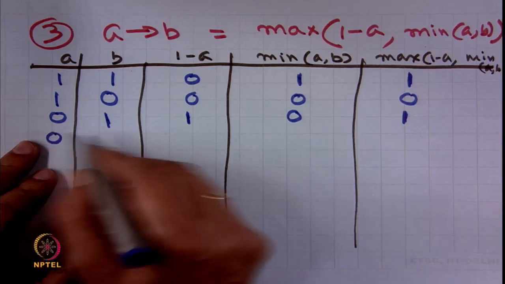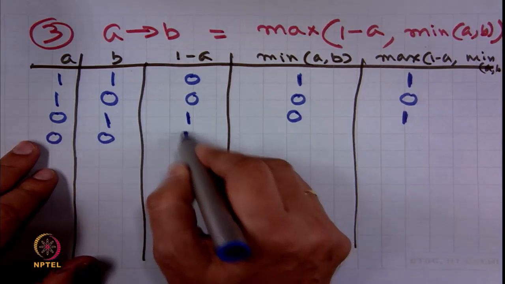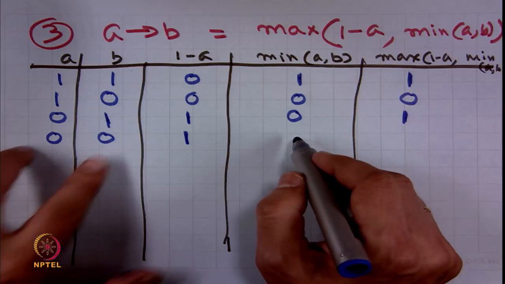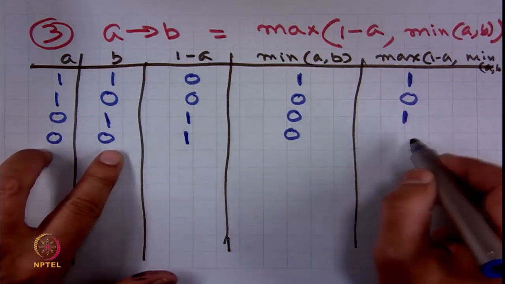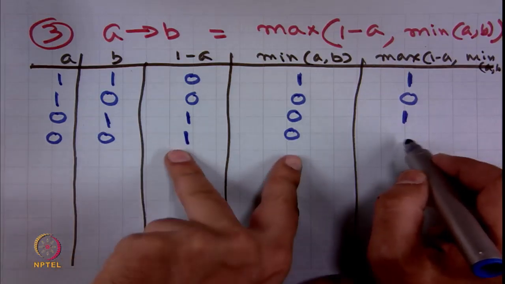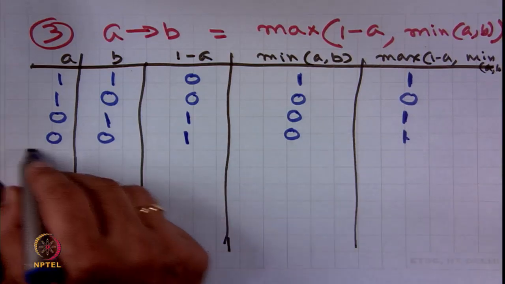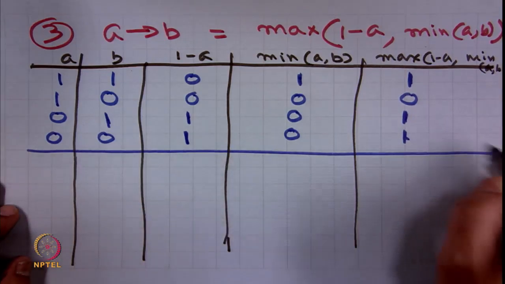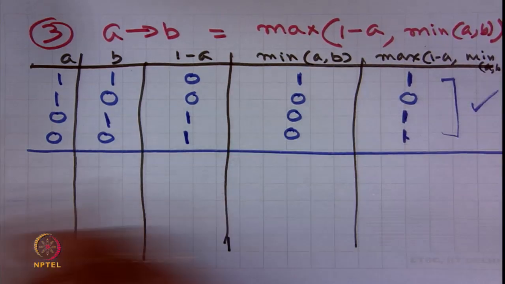And 0, 0: 1 minus a is 1, minimum of a b is equal to 0, therefore maximum of these two is equal to 1.